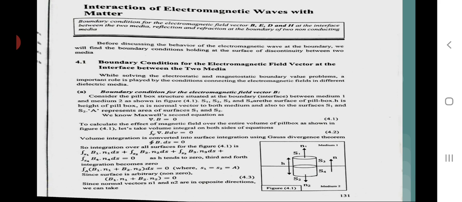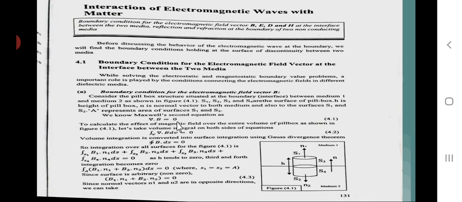H is the height of the pillbox. n is the normal vector to both media and also to the surfaces S1 and S2. A represents the area of S1 and S2. We know from Maxwell's second equation, divergence of B is equal to 0, or del dot B is equal to 0.